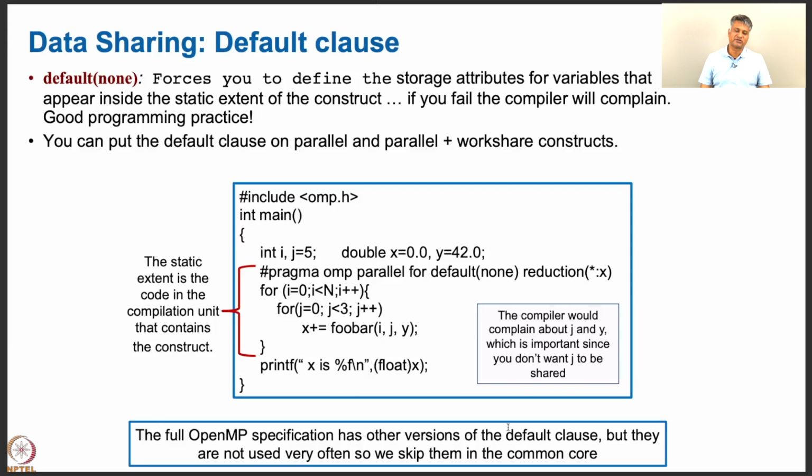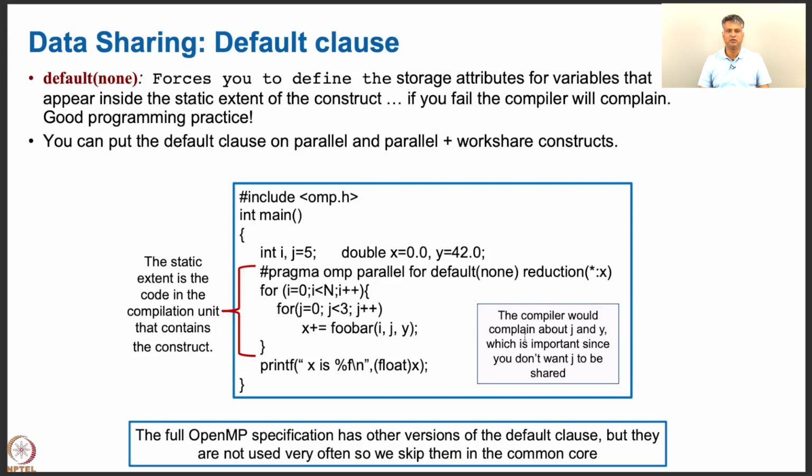Now you can force the programmer to use default none, where now you have to explicitly specify which of these variables are shared and which of these variables are not. Now this is a very good programming practice, but it increases the workload, because if you fail to mention what these variables are, the compiler will complain and will not compile the code correctly. So you can put the default clause on the parallel workshare constructs.